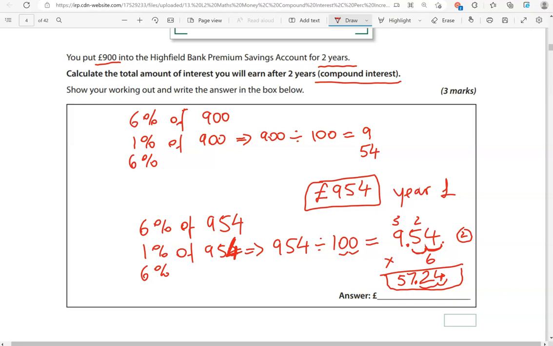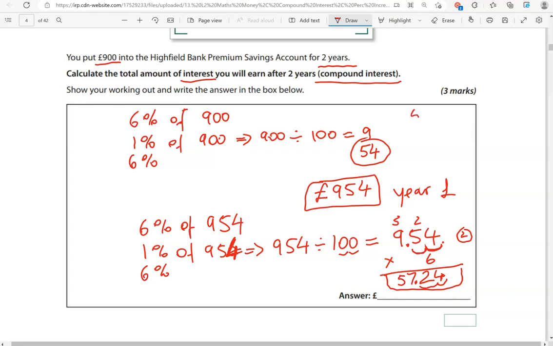Question is asking to calculate the total amount of interest. So we're looking at interest at the end of year 1, that was £54, and at the end of year 2 that was £57.24.